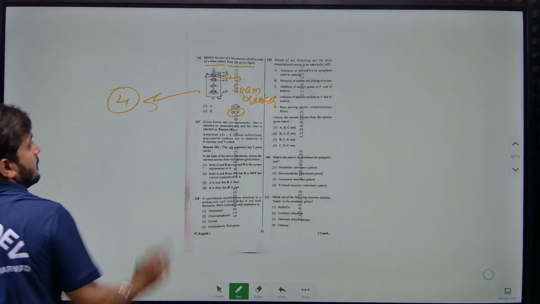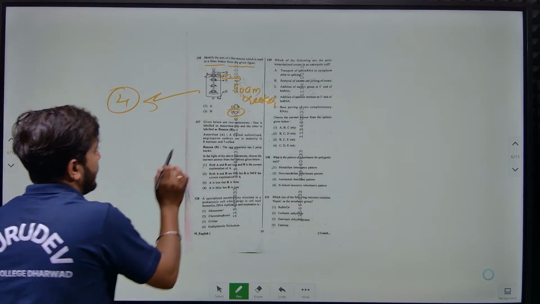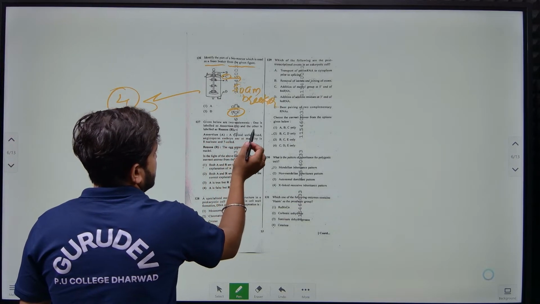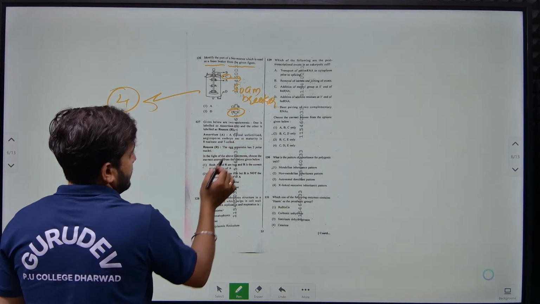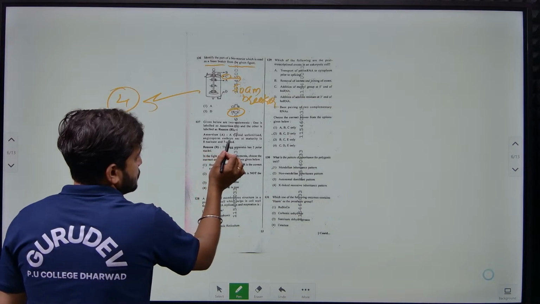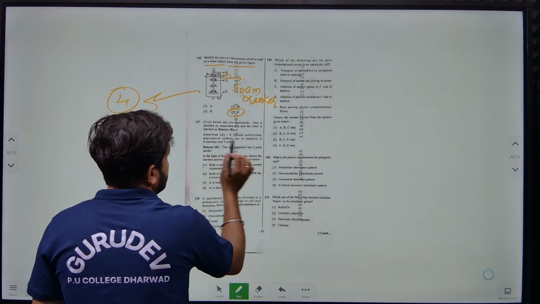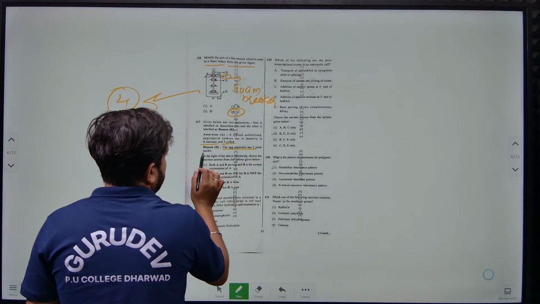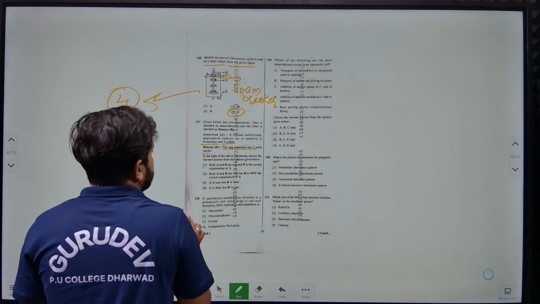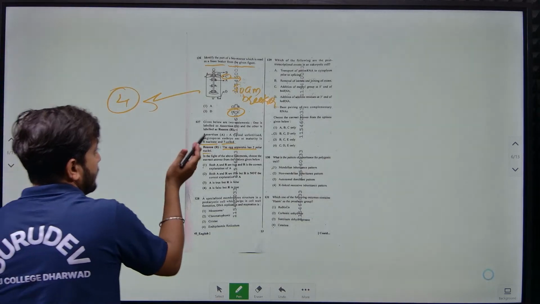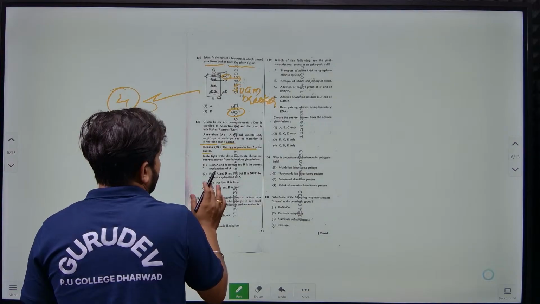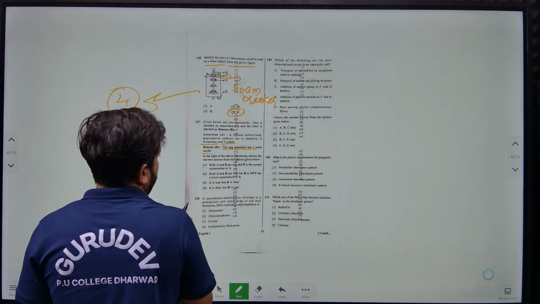correct, right? 126. Then 127th, given below are two statements, one labeled as assertion and the other labeled as reason. A typical unfertilized angiosperm embryo sac at maturity is 8 nucleate and 7 celled. The egg apparatus has two polar nuclei, right? So according to that, the assertion is true, but the reason is false, right?